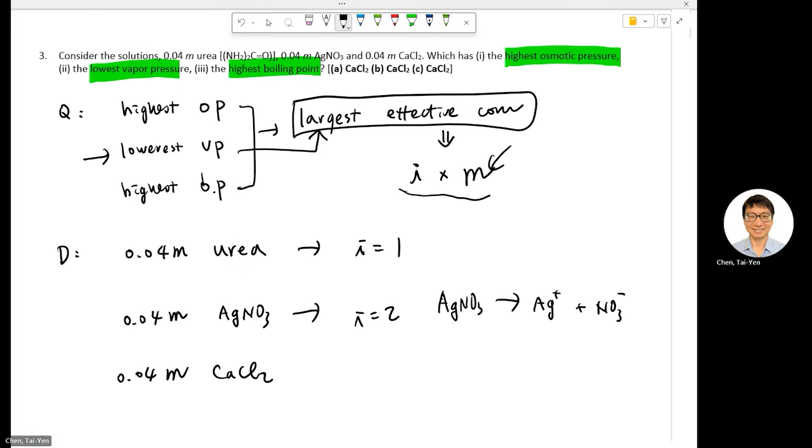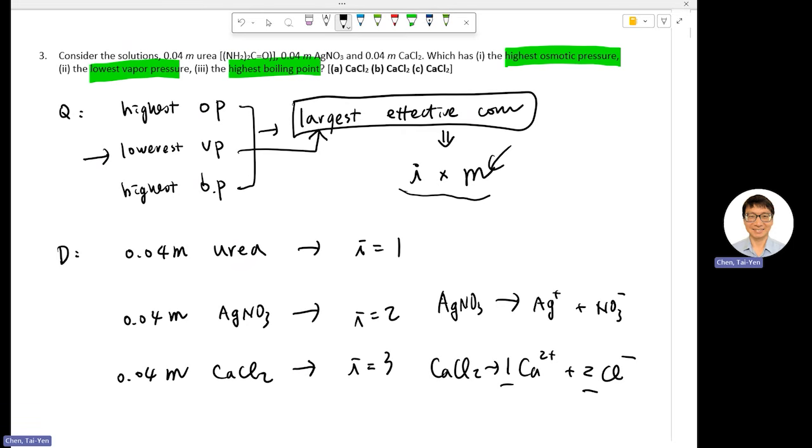And then your CaCl2, i will equal 3, because this will become 1 Ca2 plus and 2 Cl minus. So totally you have 3 charged species, so your i is equal to 3.